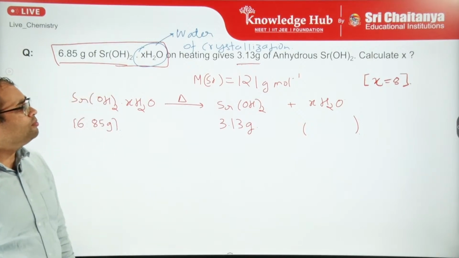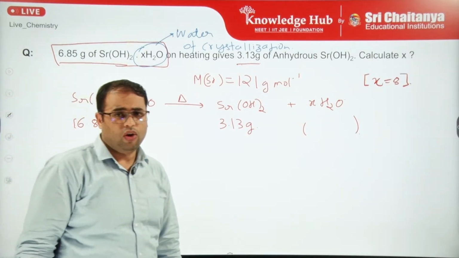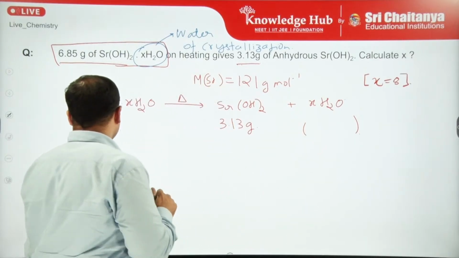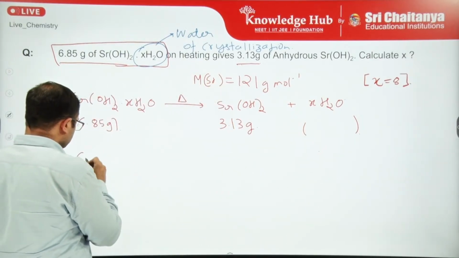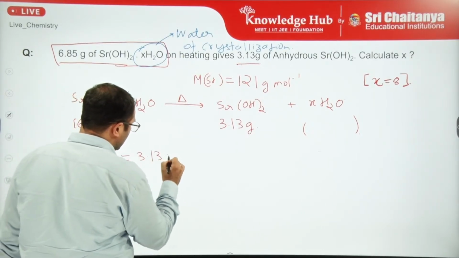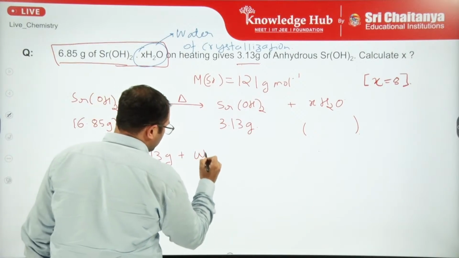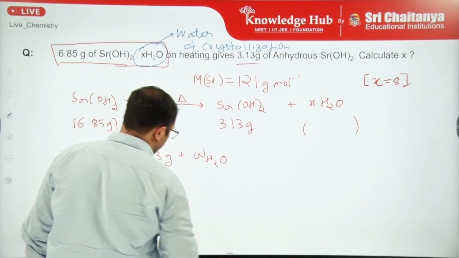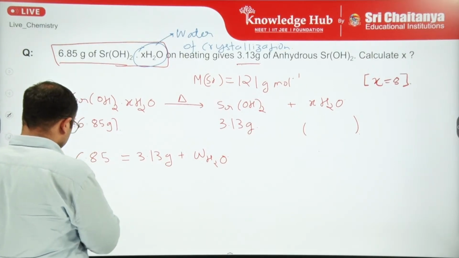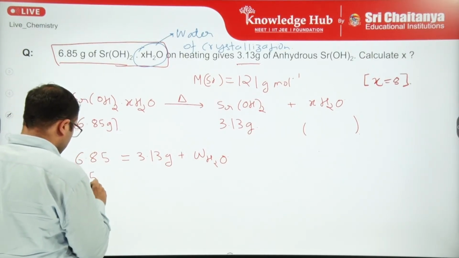So according to the law of conservation of mass, can you tell me how much this will be? Simply, we know that 6.85 grams will be equal to 3.13 grams plus the weight of water, correct? Right.